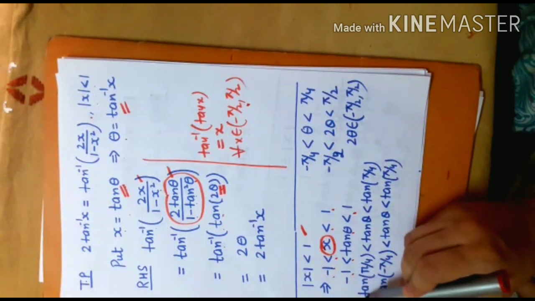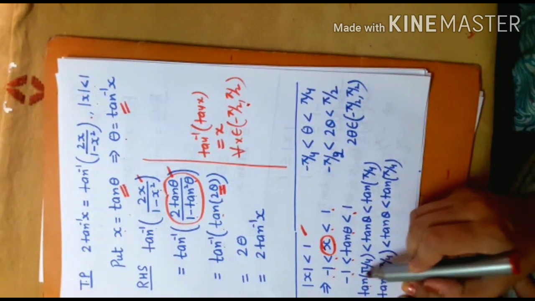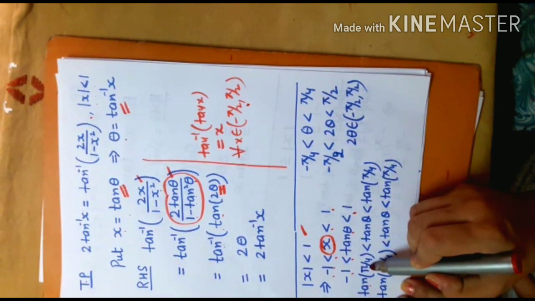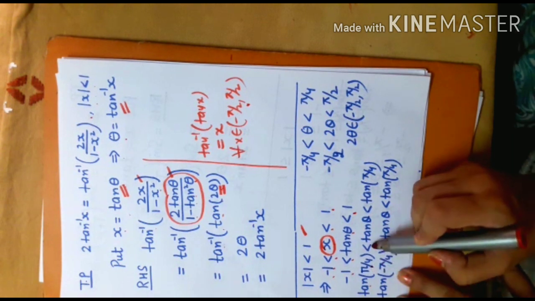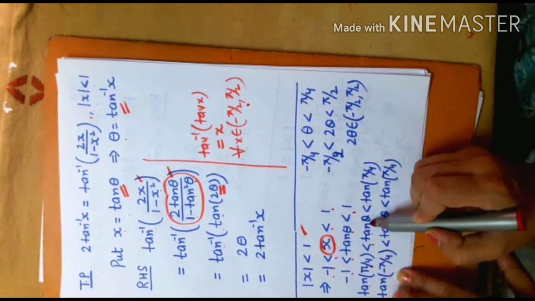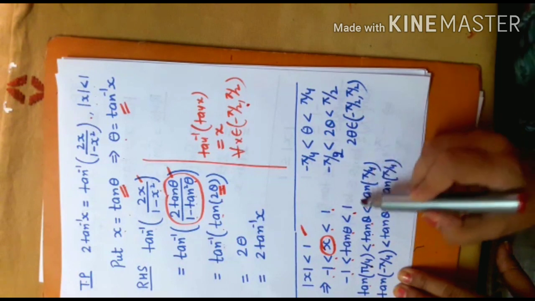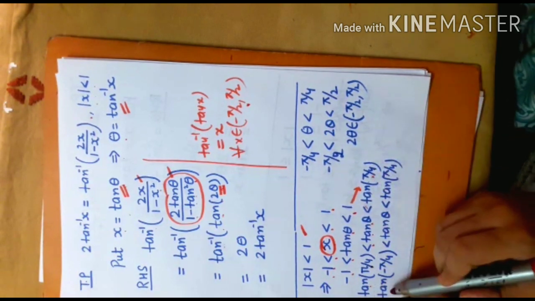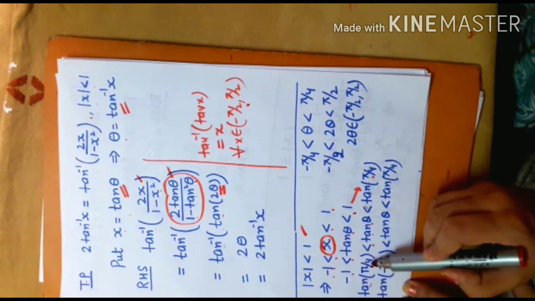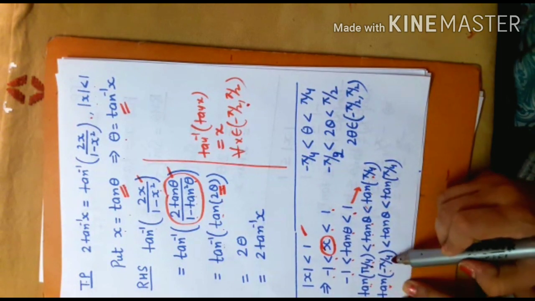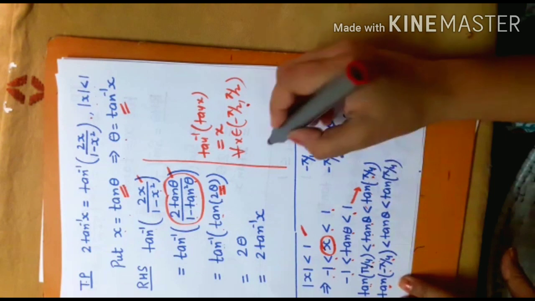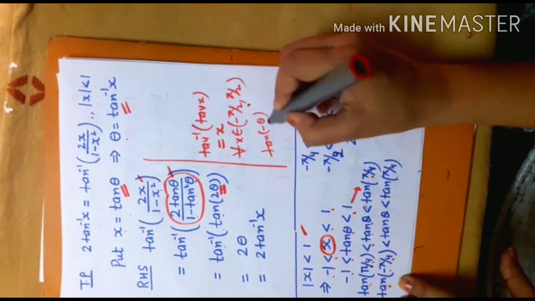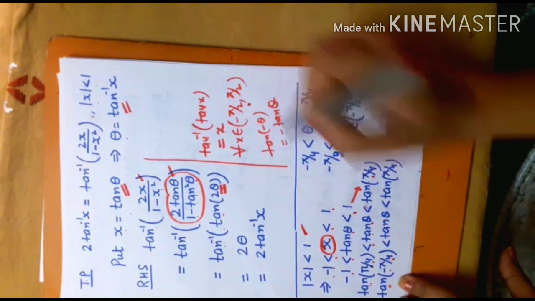Now, this can be written as minus tan pi by 4, because tan pi by 4 is equal to 1, less than tan theta and less than tan pi by 4. I have replaced this 1 with tan pi by 4. Now, minus tan pi by 4 can be written as tan of minus pi by 4 because tan of minus theta is minus tan theta.